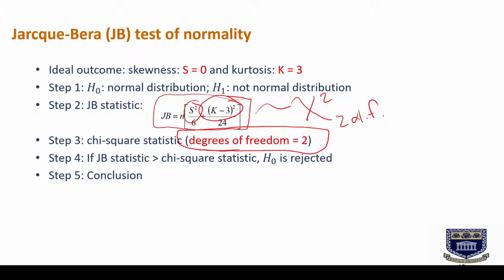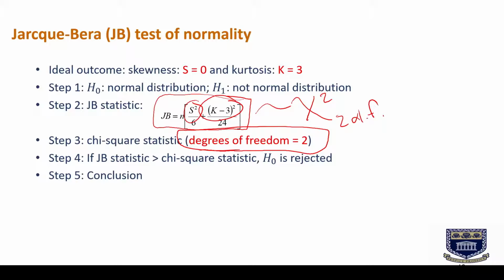All right, so you start out stating the hypotheses. The null hypothesis is that the residuals are normally distributed, against the alternative hypothesis that the residuals are not normally distributed. Step 2, you calculate the Jarque-Bera test statistic using that formula, where S is skewness and K is kurtosis.